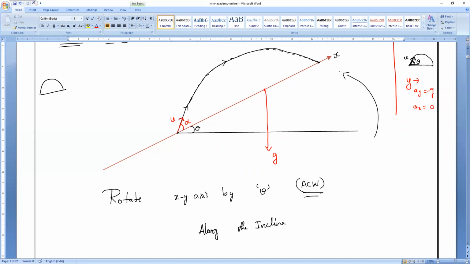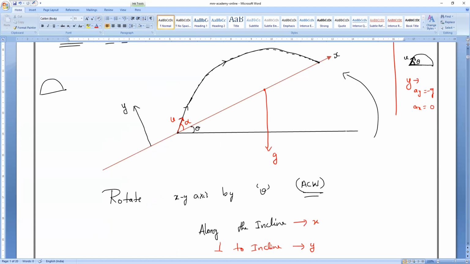So this is my x-axis, and the perpendicular line, what will it be? The y-axis. So along the incline I have to make the x-axis, and perpendicular to the incline is the y-axis. Who is perpendicular to the incline, the y-axis or the x-axis? The y-axis.